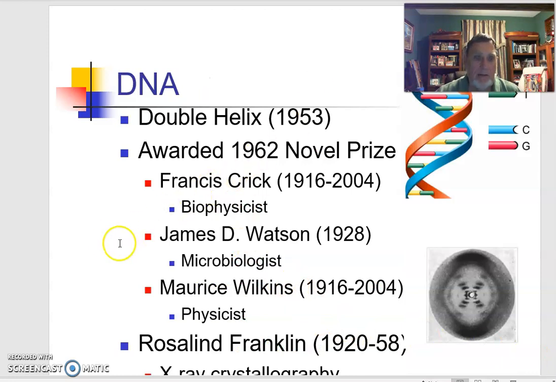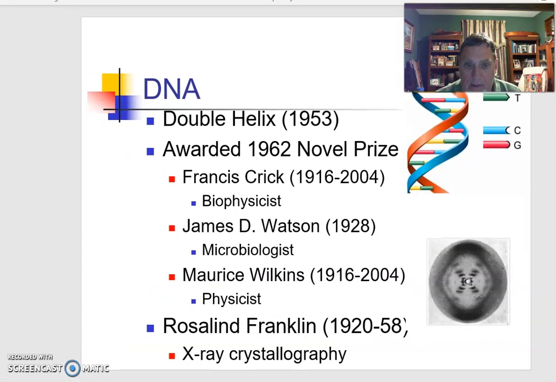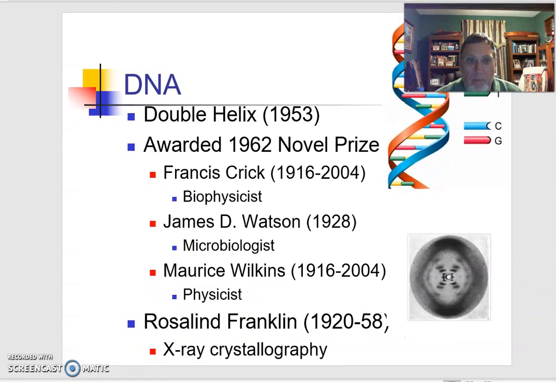In fact, that's how the double helix shape was worked out. I'm sure you may or may not have heard the story. Everybody should know who got the Nobel Prize for the double helix. That was Watson and Crick and Maurice Wilkins. But there was really a lady, Rosalind Franklin.